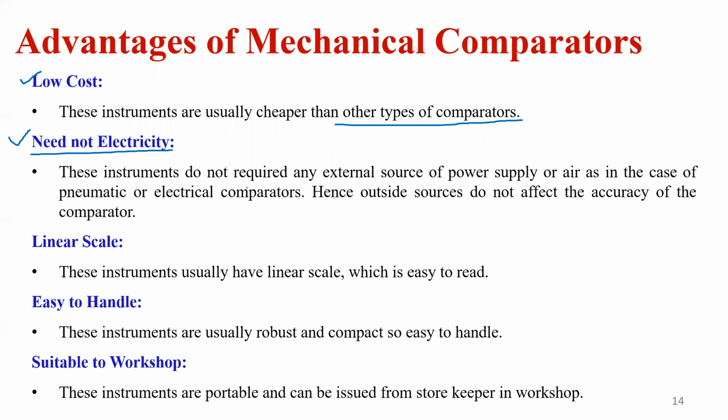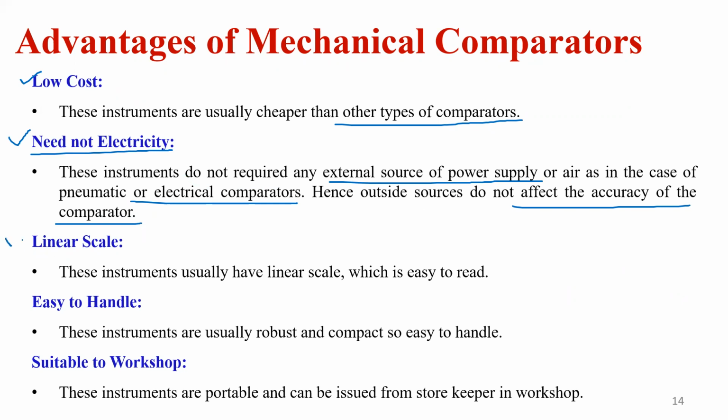So this does not require any external source of power supply or air, in case of pneumatic or electrical comparators. Hence, the outside sources do not affect the accuracy of the comparator.